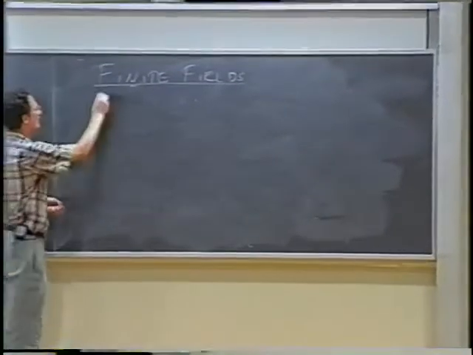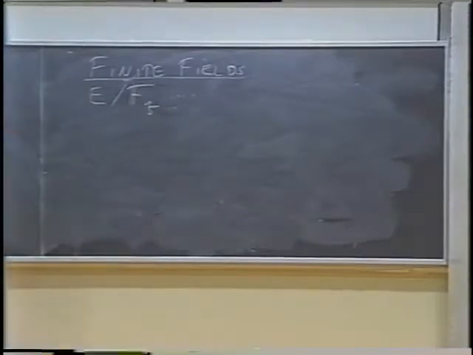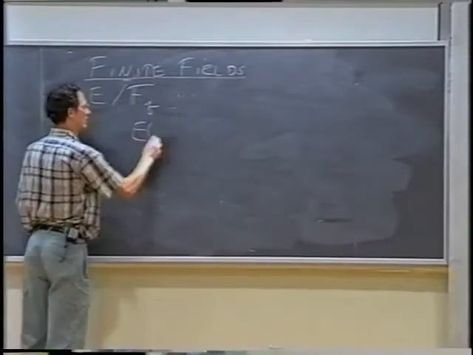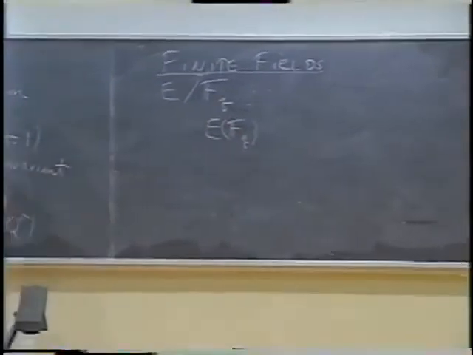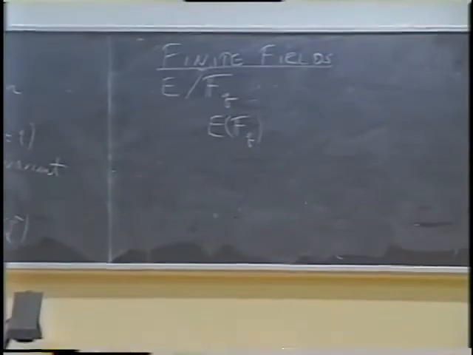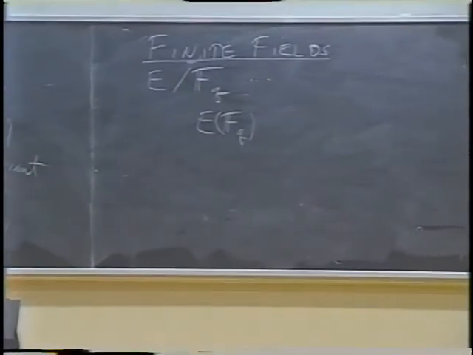So suppose I have an elliptic curve over a field with q elements. Then the F_q rational points will form a finite group, clearly. One's interested in the structure of that group, or at least how large the group is.